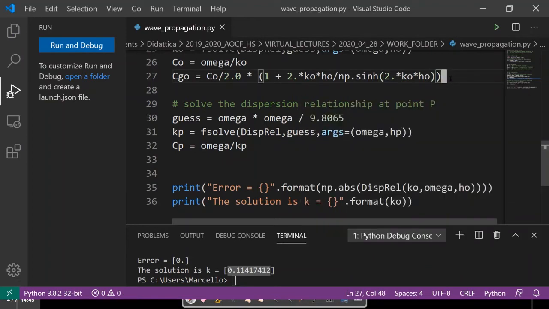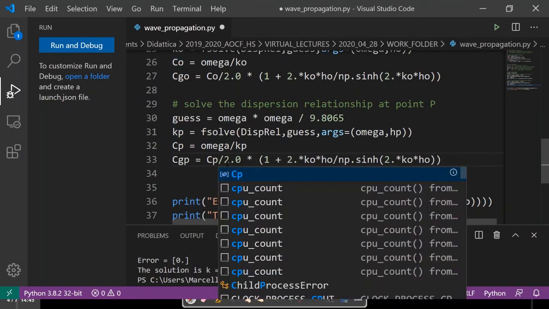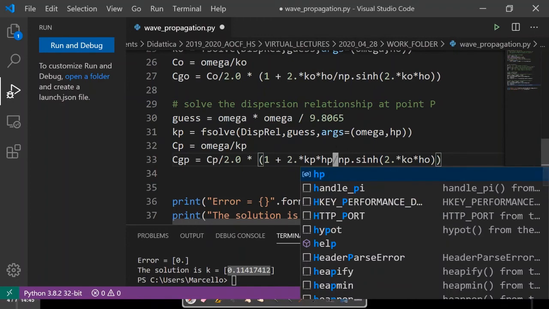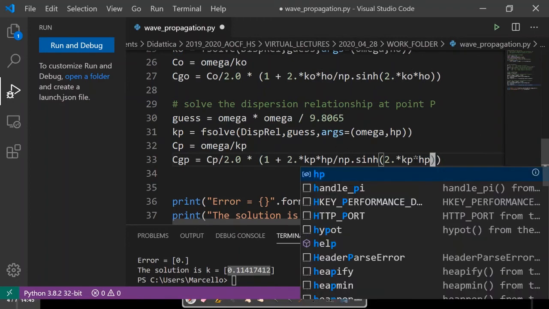And it's enough. This is the group celerity offshore and the group celerity inshore, in which the celerity is Cp, the wave number is Kp, the water depth is Hp, and also here.